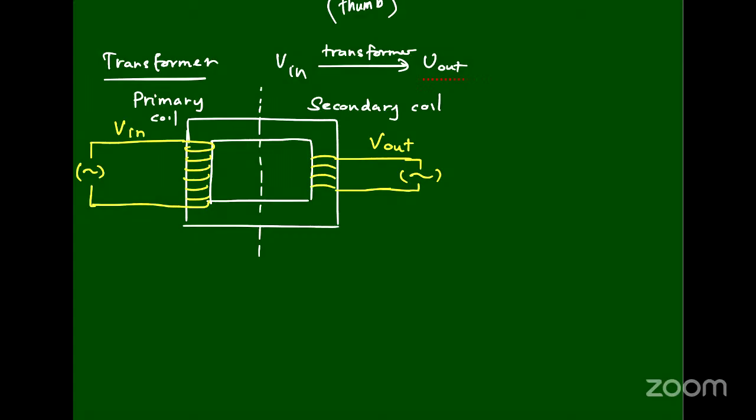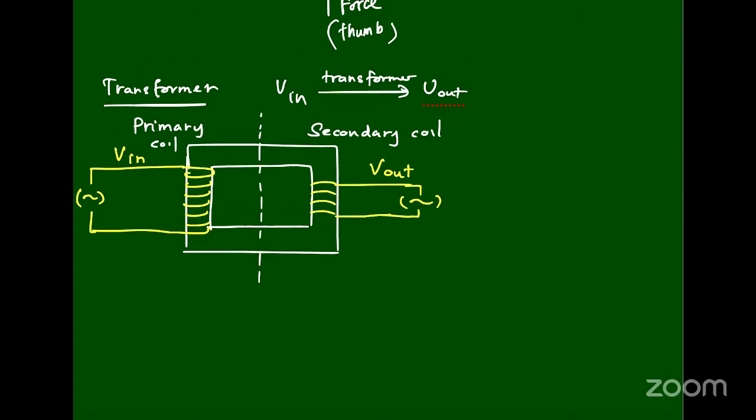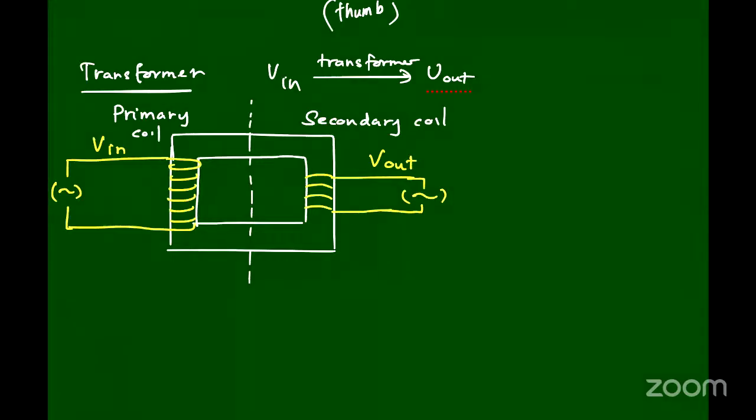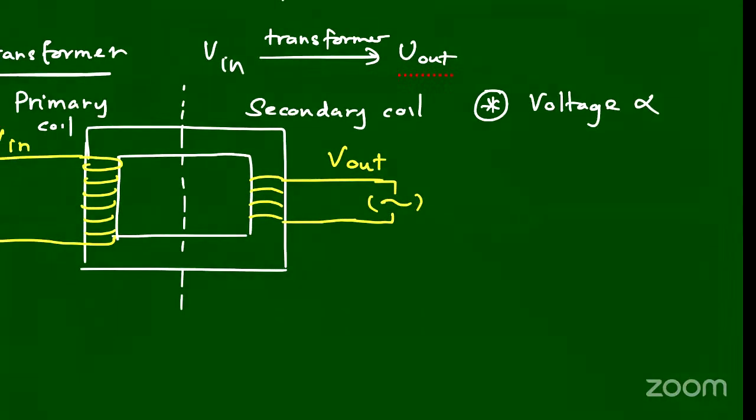Okay, so this can be in opposite directions. In this diagram you can see the primary coil has more turns compared to the secondary coil, right? So it can be changed actually. Here, the theory that you need to remember is that the voltage is directly proportional to the number of turns in the coil.